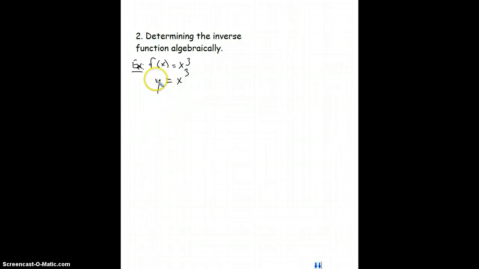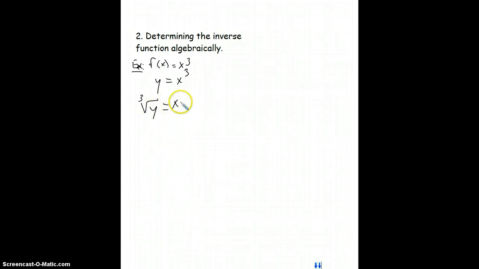The next step is to solve this for x, and then put it in terms of y. In order to solve this, we need to take the cube root of both sides, and so we have the cube root of y is equal to x.